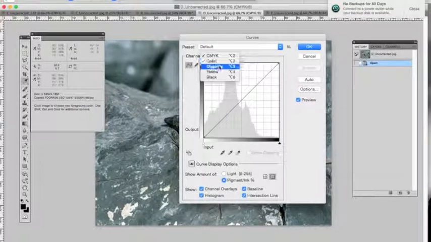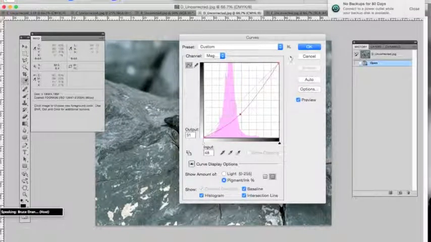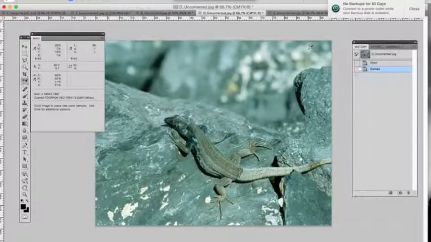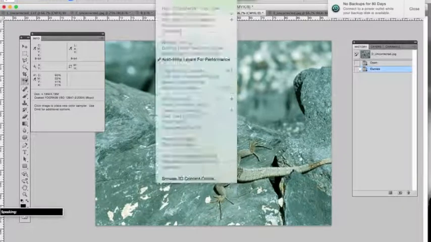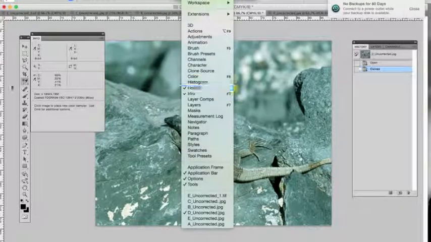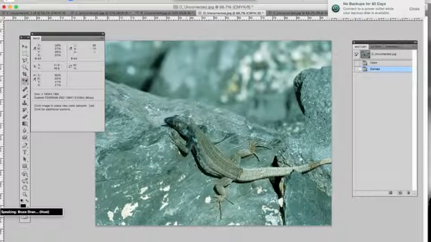So I'm going to break the image to start with. So I'm going to use my sampling tool. I want my stone to be grey.